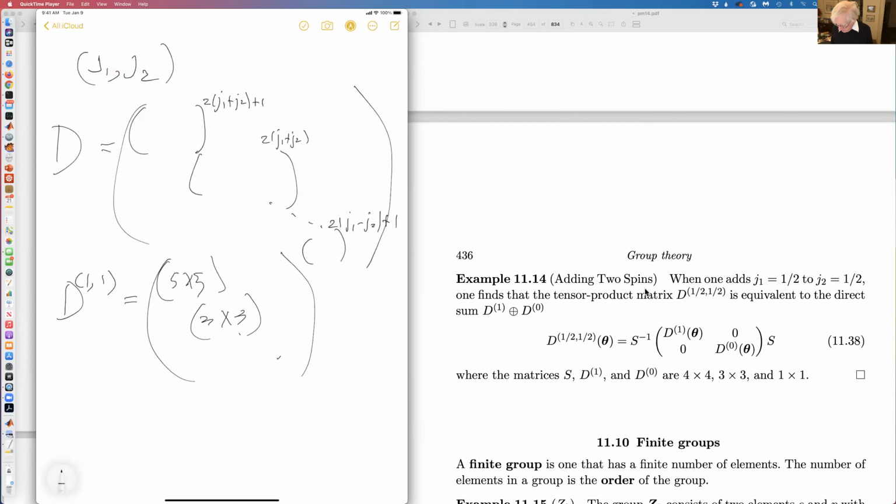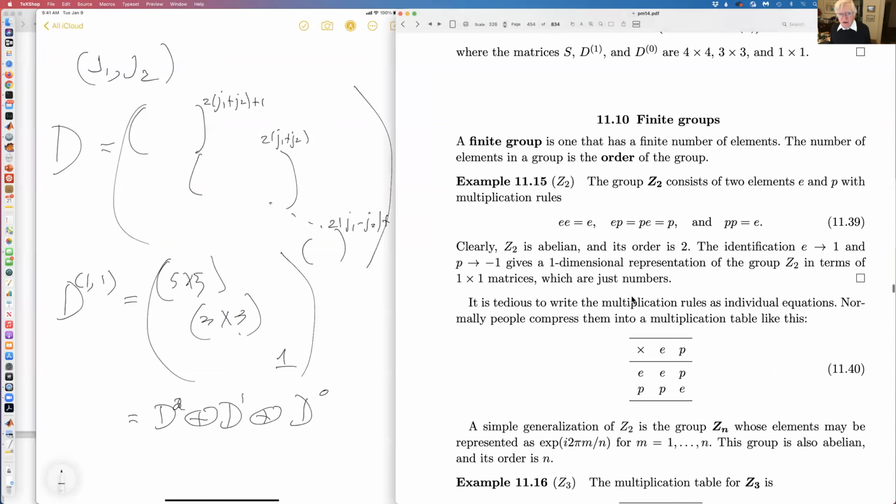And then we would have just a scalar. And so this would be equal to some D2 plus D1 plus D0. And I hope the dimensions add up correctly.